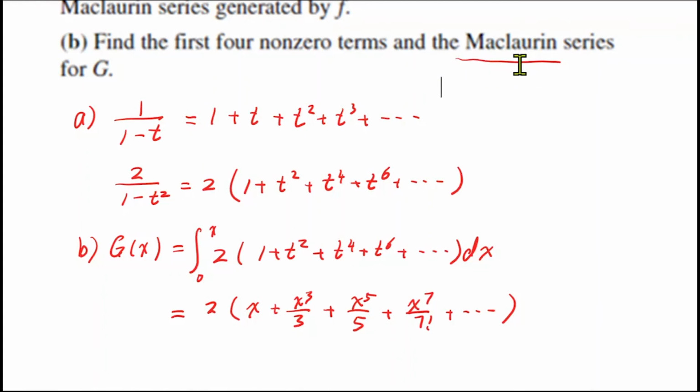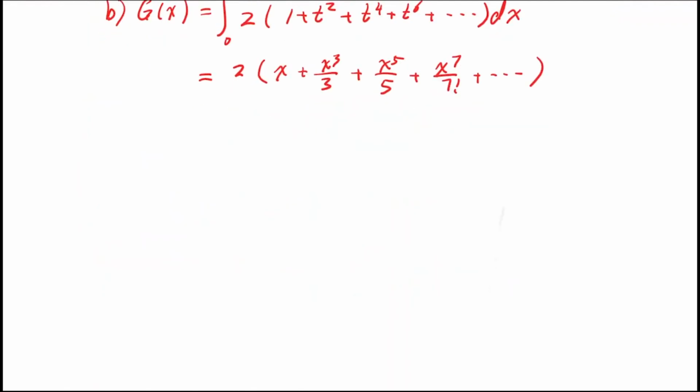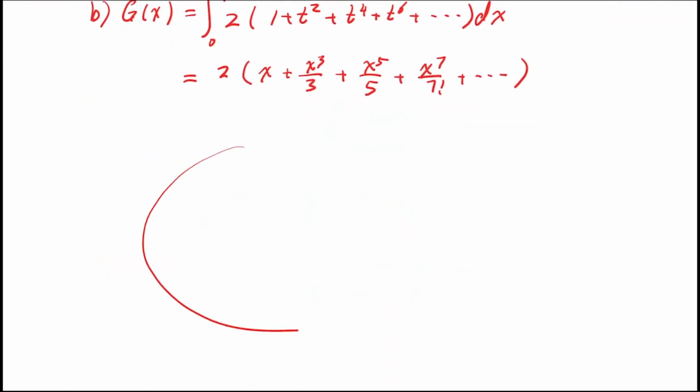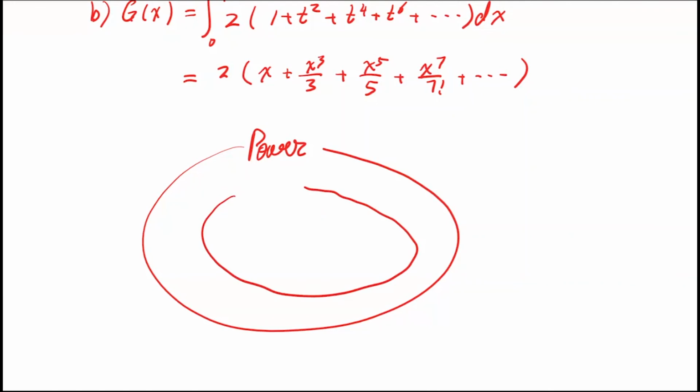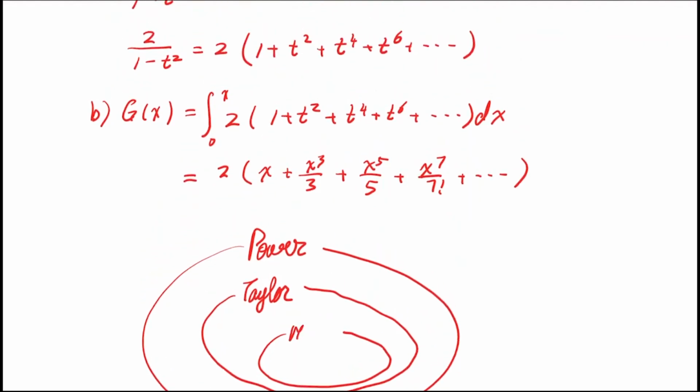Okay. Remember, there's a power series, right? Let's just draw a little Venn diagram. This is power series. And then a subset of that is called Taylor series, right? Which is mimicking the function. A subset of that is known as, God, how do you spell that name?